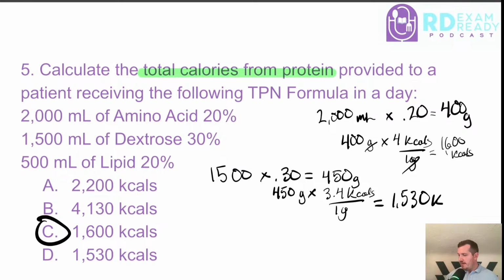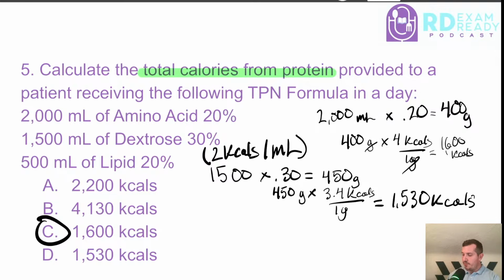Just confirm that I have that correct here, folks. Very good job. Now, finally, if you needed to find the lipid, remember with lipids you've got 10%, 20%, and 30% lipids. I would challenge all of you to find out how many calories per milliliter are in the 10% and the 30%. That should be on your study list. A 20% lipid means there are 2 kcals for every 1 milliliter of lipid.